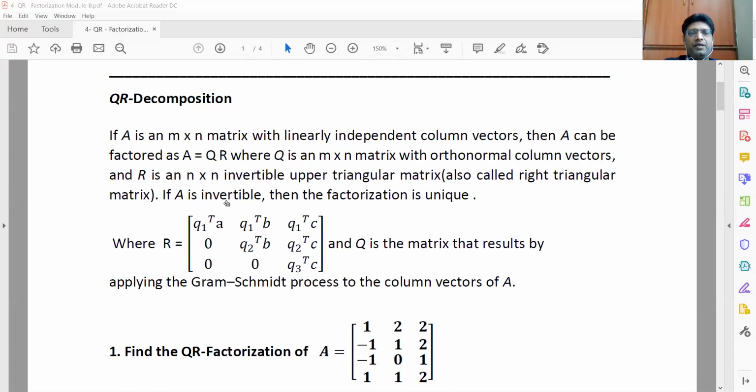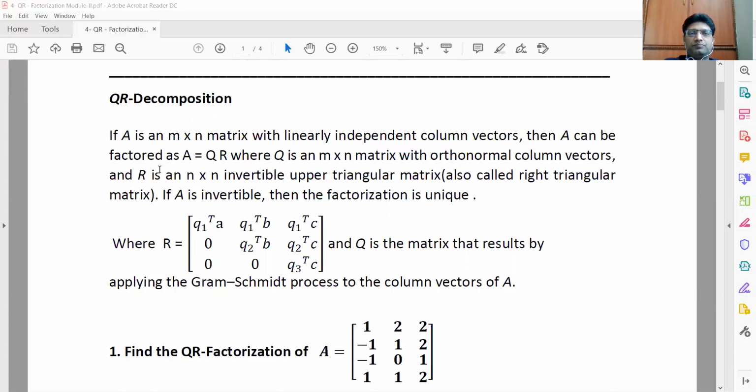If A is invertible, then the factorization is unique. Q is a matrix composed of orthonormal column vectors, and we get that Q from the matrix A by using the Gram-Schmidt process for the column vectors of A.